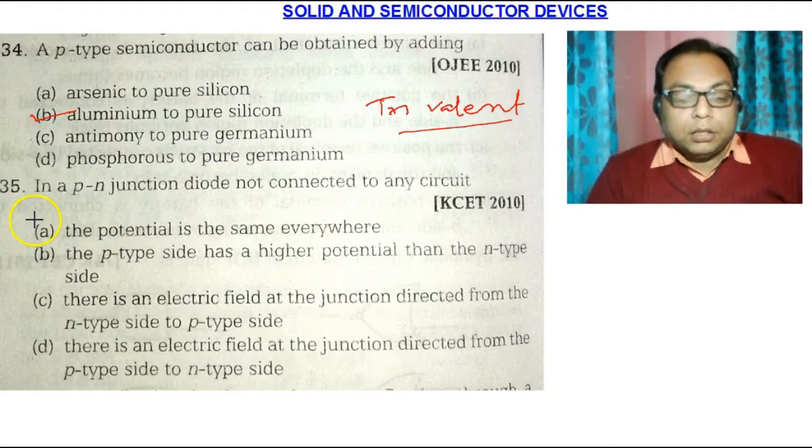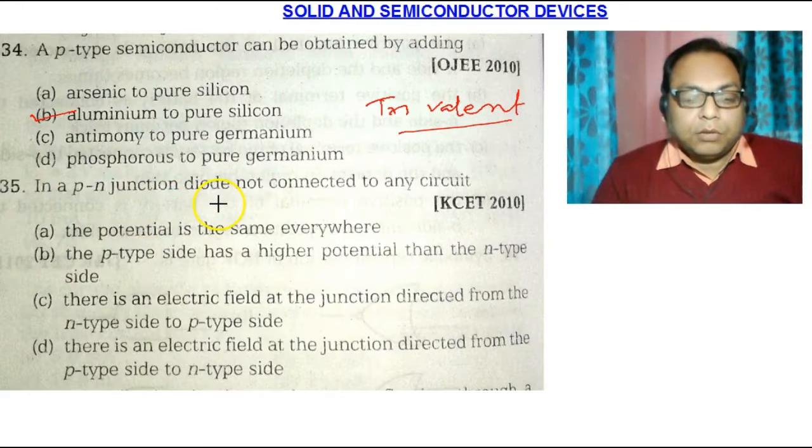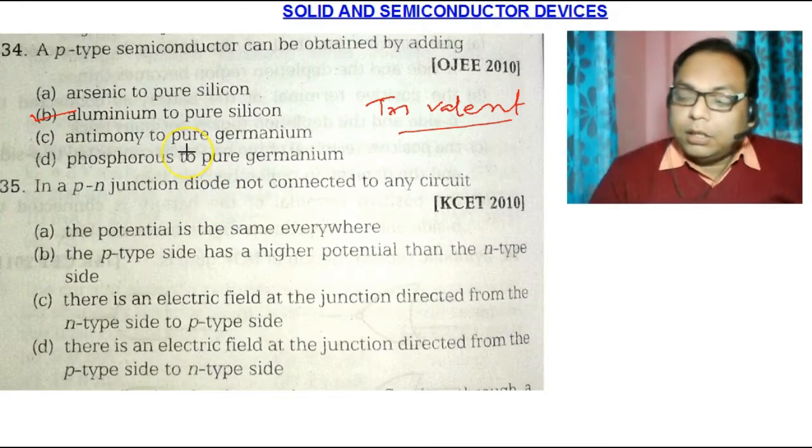Now see question number 35. A PN junction diode not connected to any circuit.